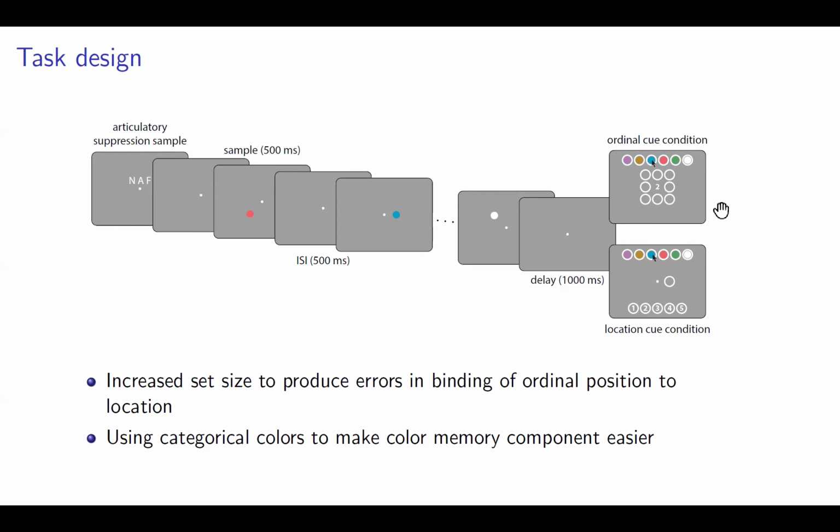Again, there were some adjustments necessary in the task just to get the right difficulty level. Memory for sequences of locations is pretty good, whereas memory for sequences of colors is a bit more difficult. So we used a fixed set of highly discriminable colors to make that easier.